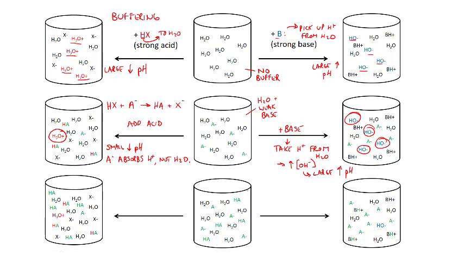But now let's imagine a situation where we have both HA and A minus together in solution. Now if we add strong acid, we will end up forming more HA and we only increase our concentration of H3O plus a little.